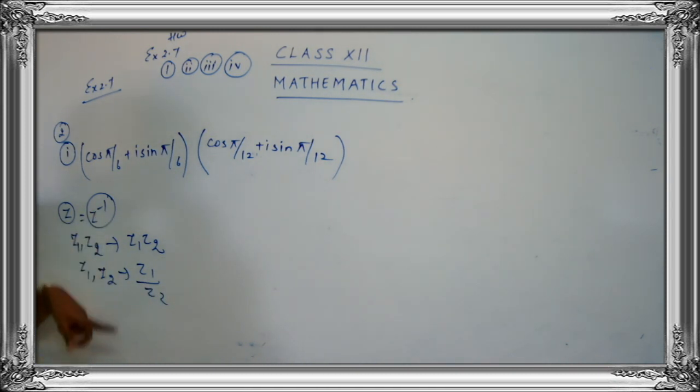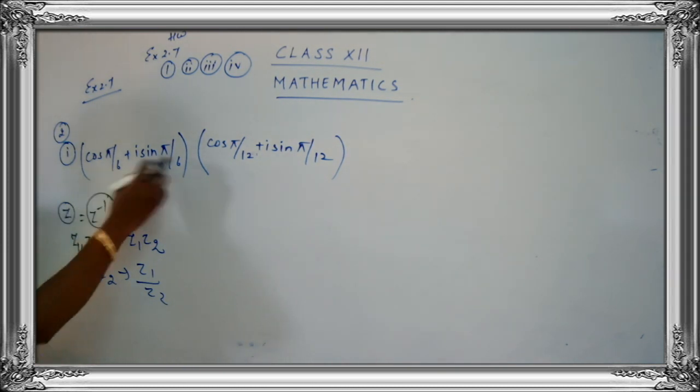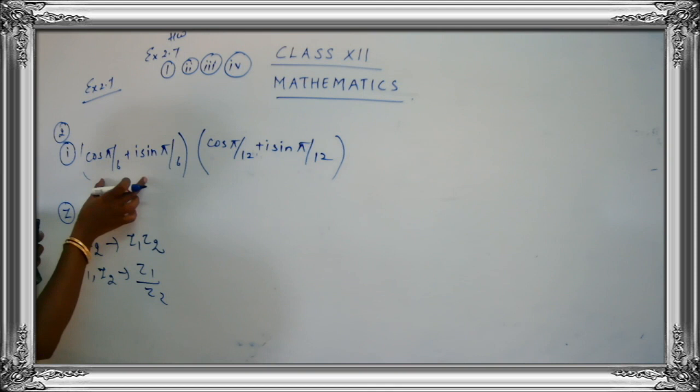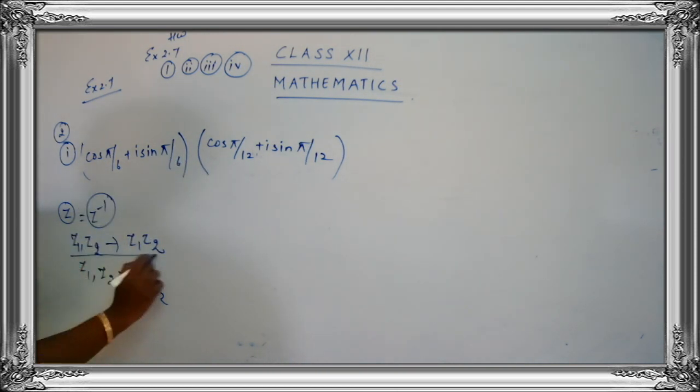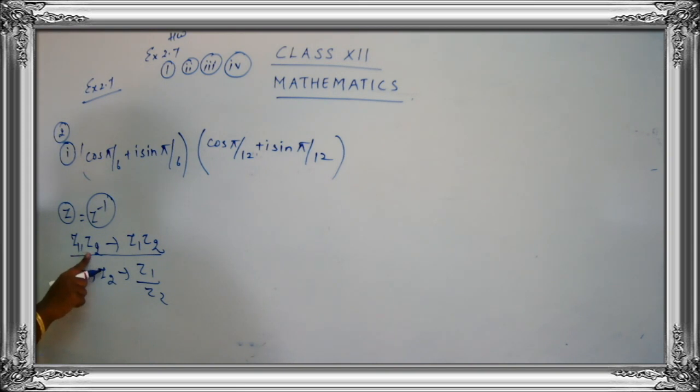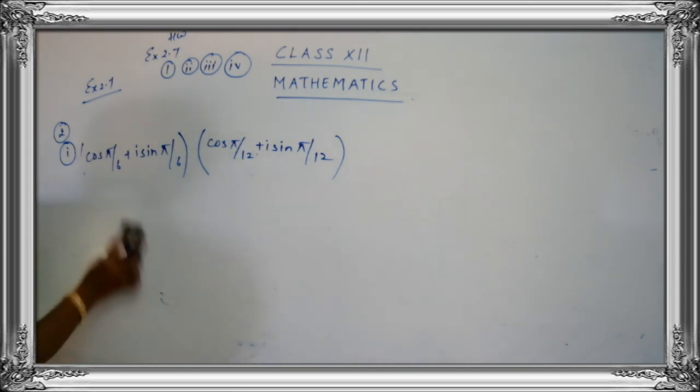So we are going to use this property and find the answer. Since this is given in the form of a product, we can consider this part as Z1 and this part as Z2. So this is the first polar form and this is the second polar form. So I am going to use the second property, Z1 into Z2. Okay children, let's use the second property and get the answer.